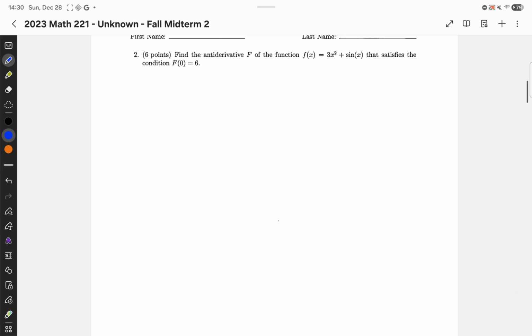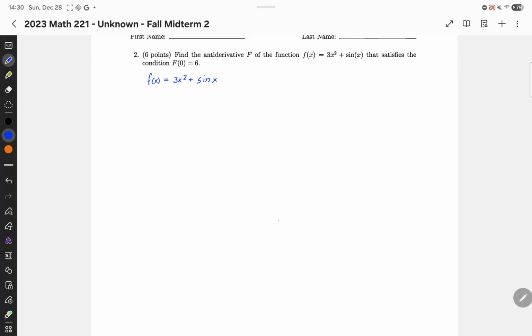Moving on to question 2, we want to find the antiderivative, which we'll call big F, of the function f of x equals 3x squared plus sine x. This satisfies the condition that big F of 0 is equal to 6. So let's go ahead and write out our first function. We have little f of x is equal to 3x squared plus sine of x.